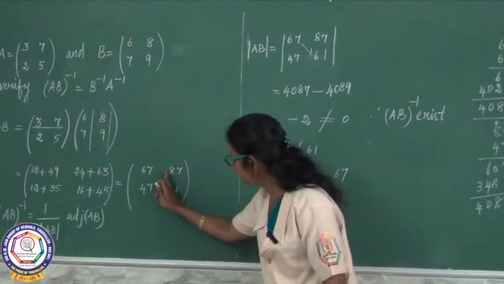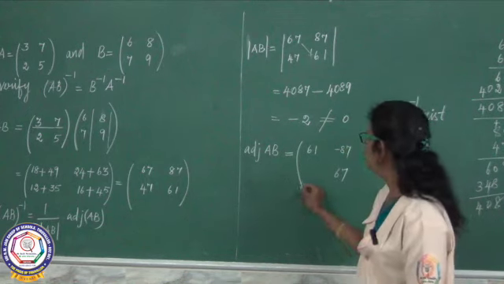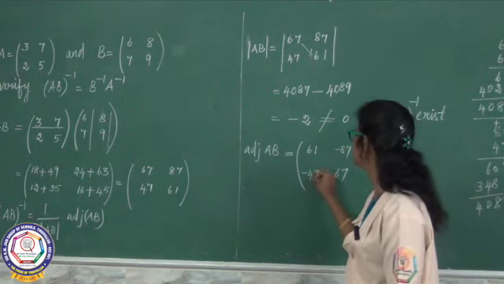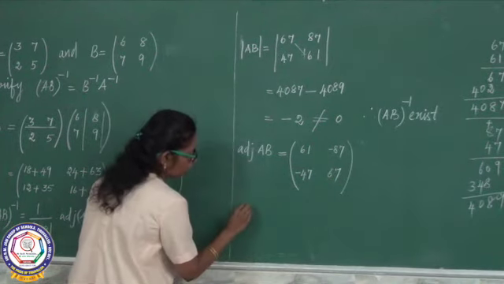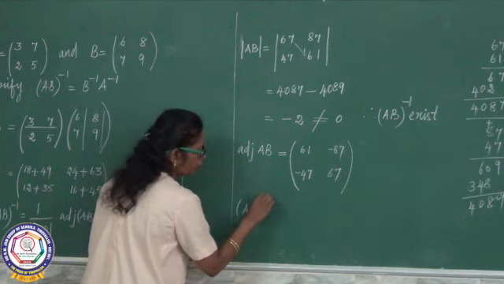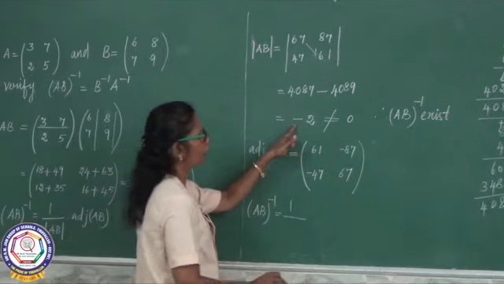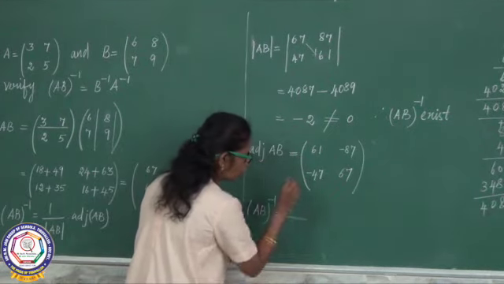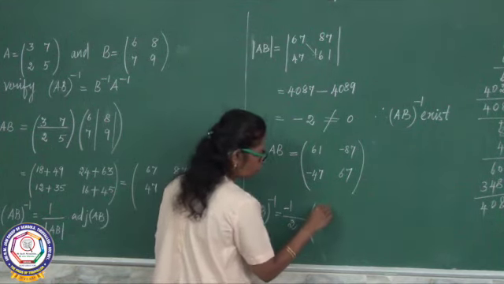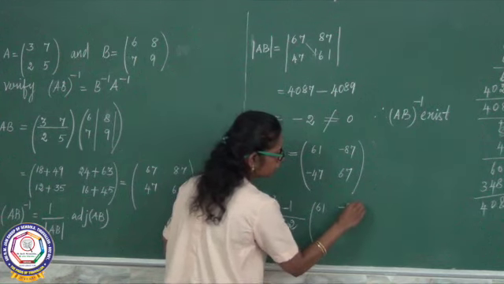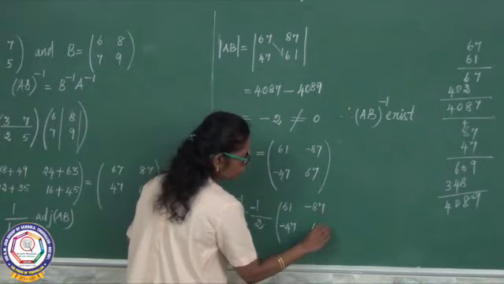Next, change the sign of the sub-diagonal: minus 87, minus 47. Now, the inverse of AB equals 1 by determinant AB. Determinant AB is minus 2; the minus, if you want, you write at the numerator. Minus 1 by 2 times 61, minus 87, minus 47, 67.